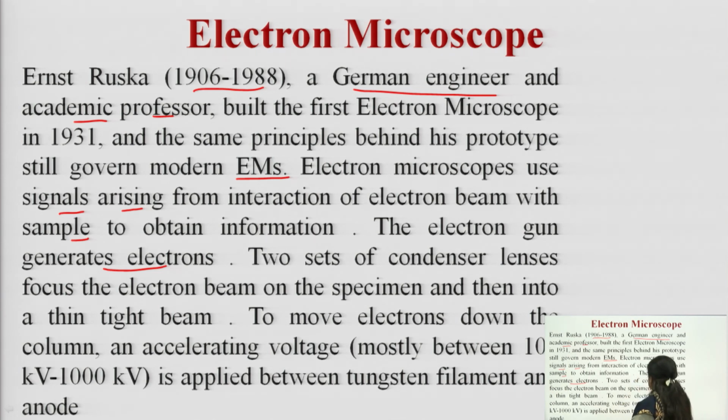Two sets of condenser lenses are always attached to electron microscopes, and these lenses condense the beam towards the specimen and pass a tight beam of electrons through the specimen, which creates an image on the screen. The projected image can be easily seen.